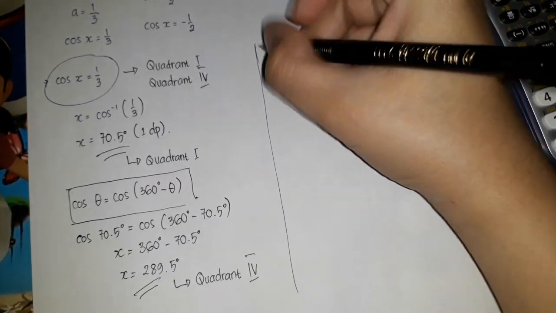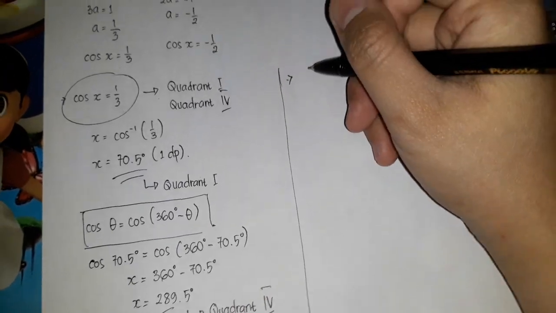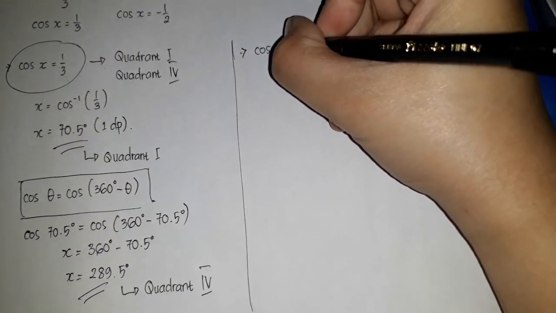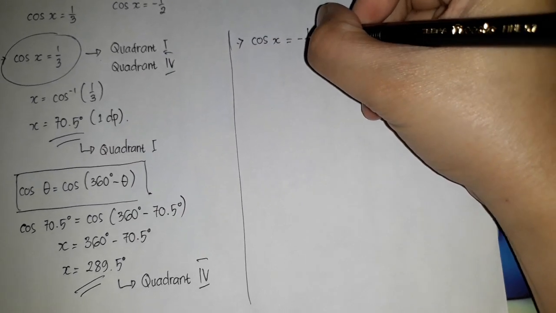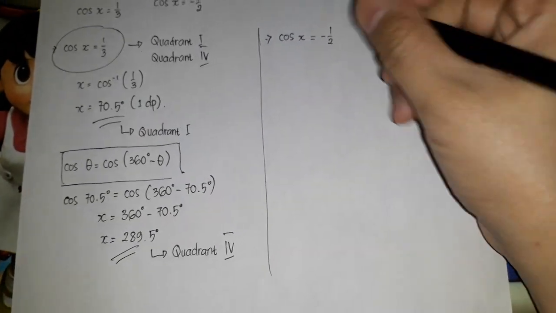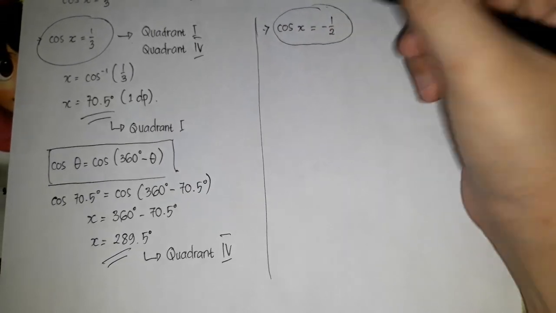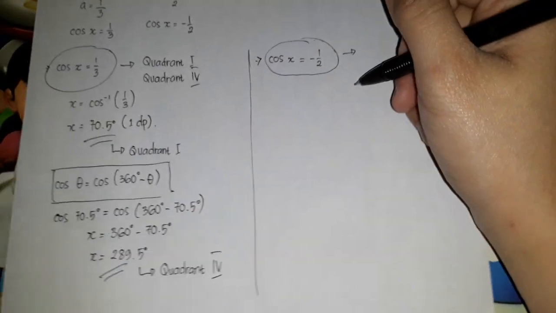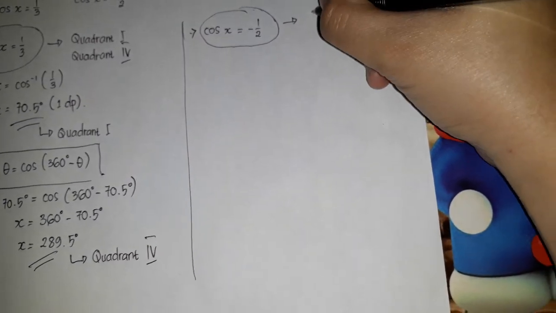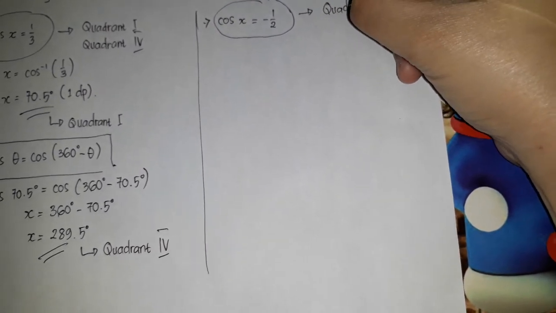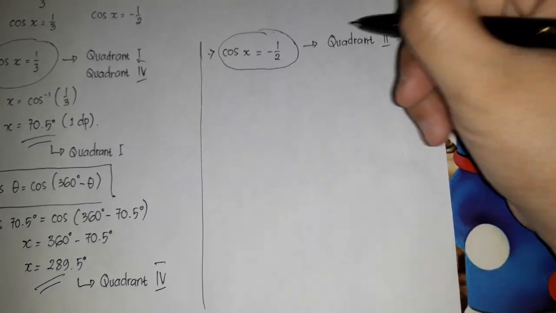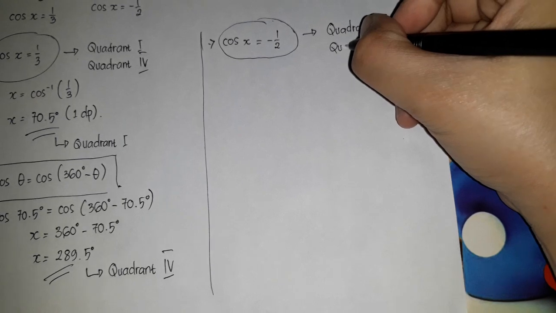Next, we have this. Cos x is equal to negative half. Cos x is equal to negative half. Because cos is negative, the possible values of x can be in quadrant 2 or quadrant 3.